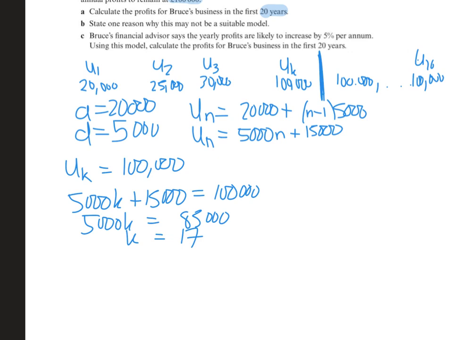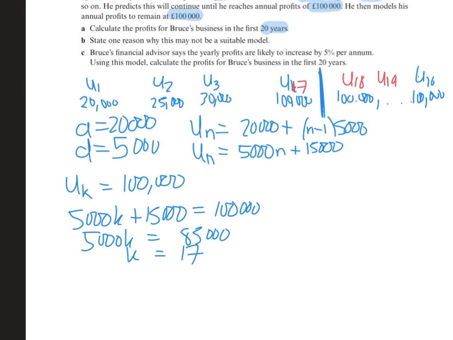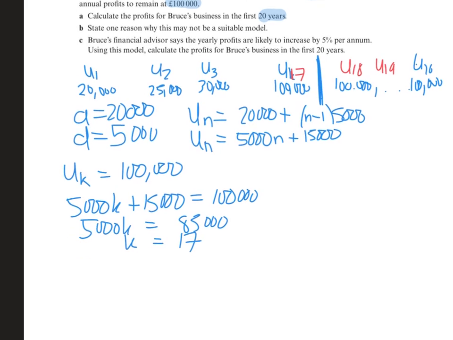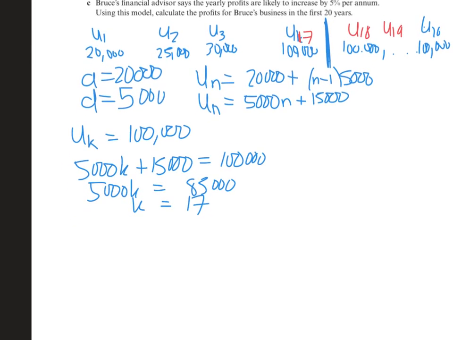So if I change this to 17 now, that means U18 will be 100,000, U19 will be 100,000, and U20 will be 100,000. To work out the sum of all the profits in the first 20 years, I need to do S17, the sum of the first 17 years, plus the final 3 years, which is 3 lots of 100,000.